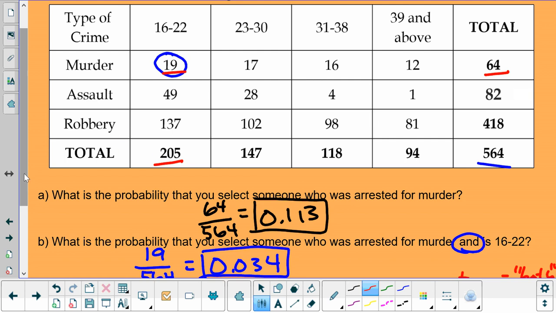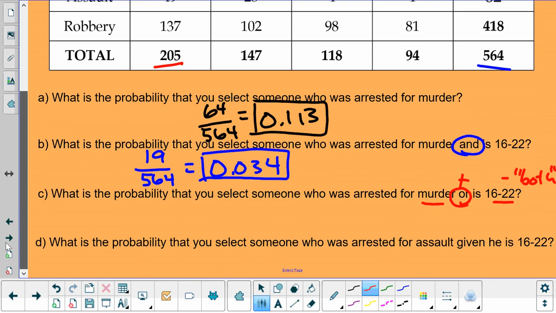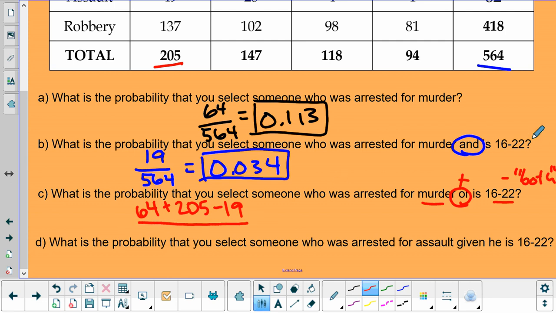So what I have to do here is take those two, 64 plus 205, and subtract the 19 that got counted twice. I'm still out of the 564 here because I haven't had any conditions present yet, so my total hasn't been adjusted. 64 plus 205 minus 19, I get 250 there.